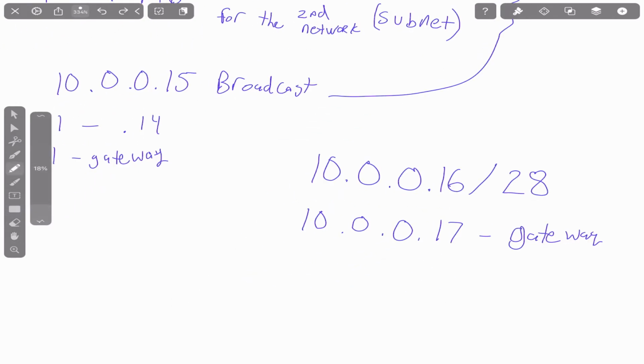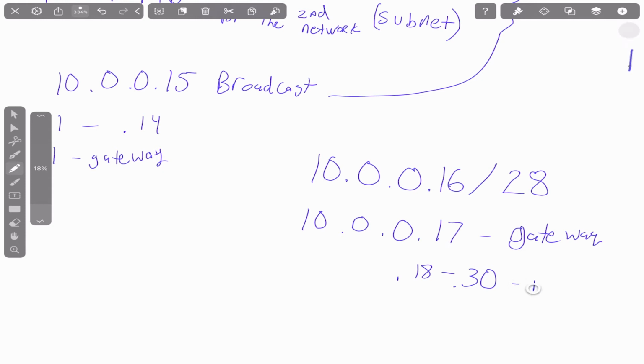And then the range is going to be from .18 to, remember, it's 15, so from 15, 15 is 30. So .18 to .30.